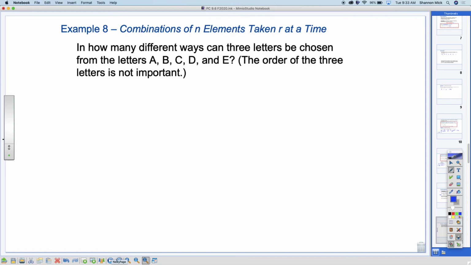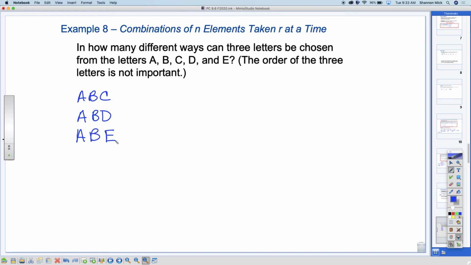Okay, how many different ways can 3 letters be chosen from A, B, C, D, E? The order of these 3 letters is not important. So the first one is what? A, B, C. We're going to do this in some sort of an order. So then A, B, D. And then A, B, E. That's going to be a lot.